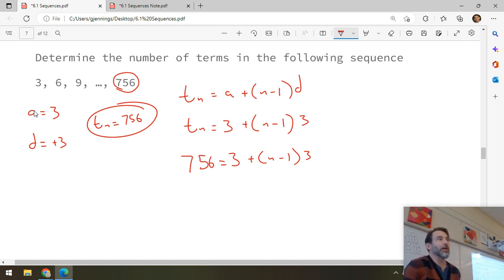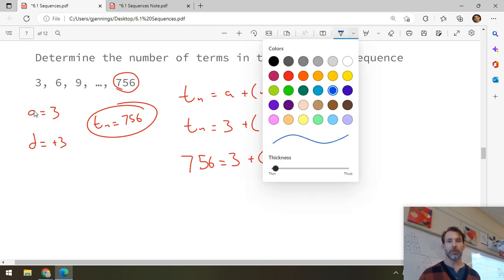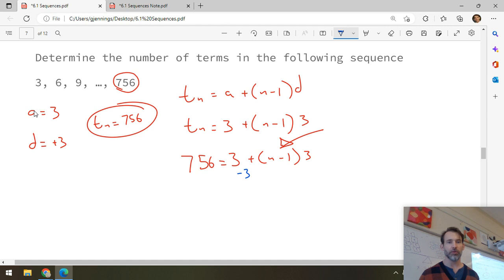I'll show inverse operations. So what I would do here is I say, well, n is hidden inside layers of armor. It's inside a bracket. It's having subtraction done to it inside the bracket. It's being multiplied outside the bracket, and then it's being added to outside the bracket. I'm going to work in inverse BEDMAS order and clean everything up. So my first step is going to be to subtract 3 from both sides.